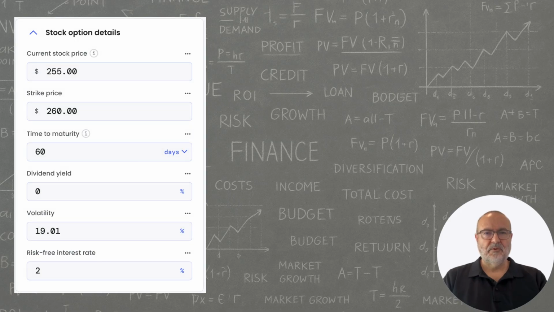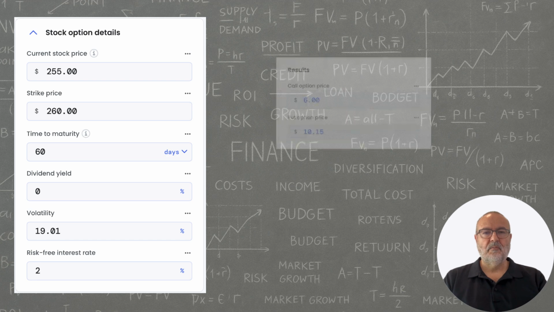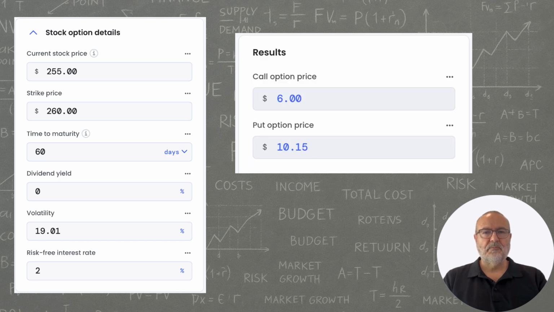We enter the spot price, strike price, time to maturity, dividend yield, expected volatility, and risk-free interest rate into an online Black & Scholes option price calculator. You can use any Black & Scholes option price calculator. We are interested in the calculated call option price.